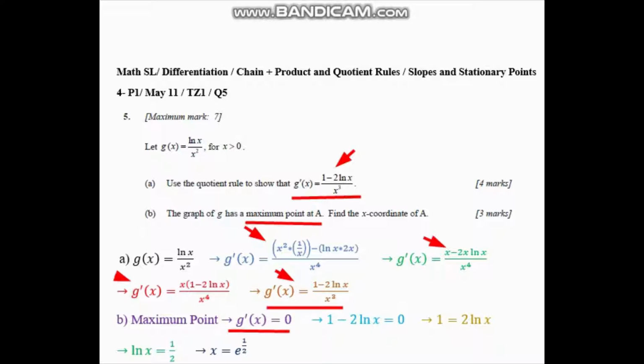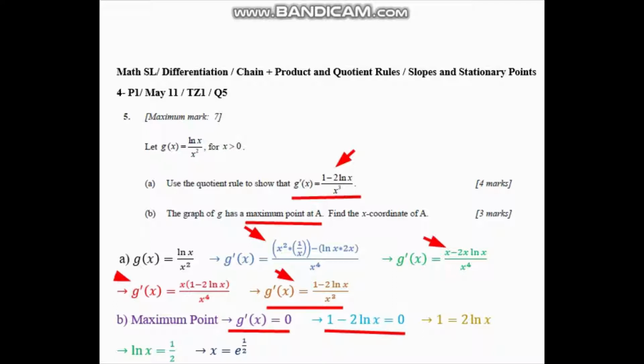You should know that any fraction equated to 0 simply translates into equating the numerator to 0, because 0 over anything is 0. So I'm just going to equate the numerator to 0.